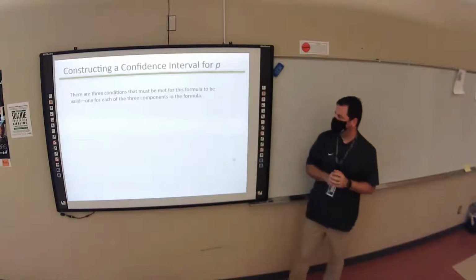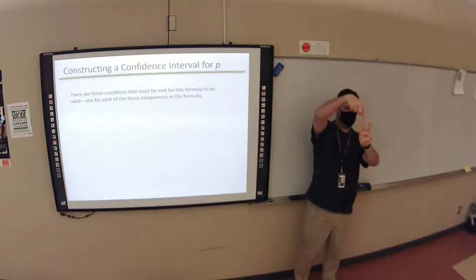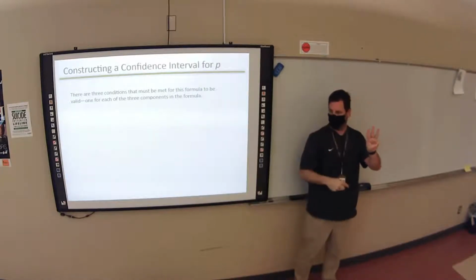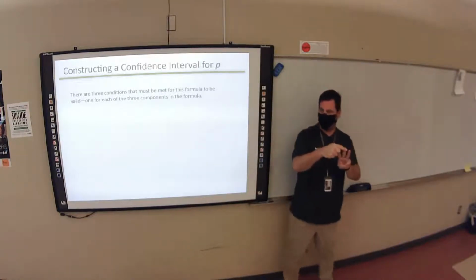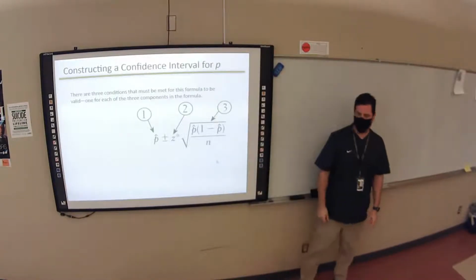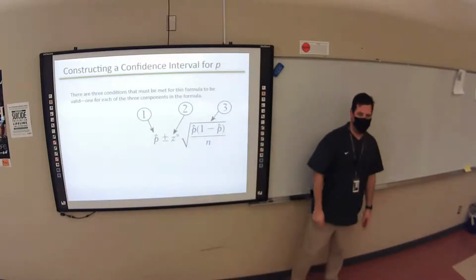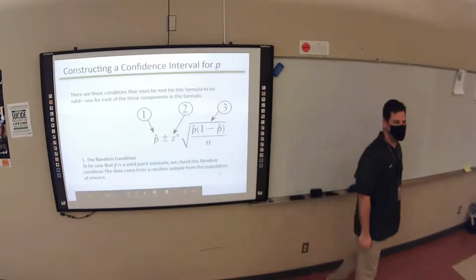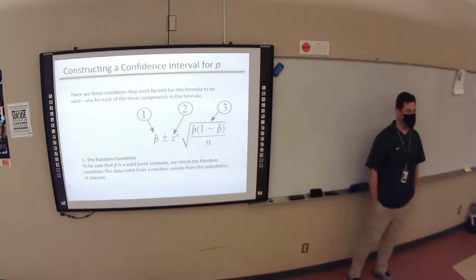Big time deal here. Because there are 3 parts to that formula, the statistic, the critical value, and the standard error, there are 3 conditions that must be met in order to calculate this formula. Not only must these conditions be met, they must also be checked, and you must show that you have checked them. You can use this p hat because it is a random sample.